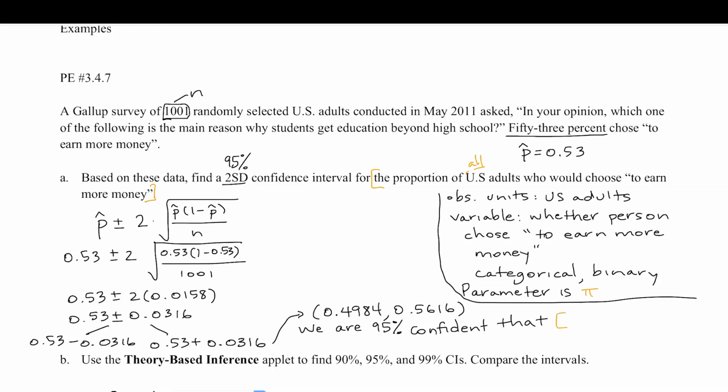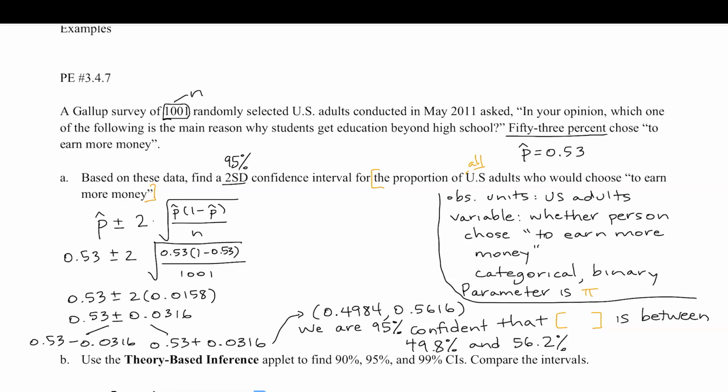That entire piece that's in orange brackets above, the proportion of all U.S. adults who would choose to earn more money as their answer, that parameter is between, and here I'm going to switch to percentages, and I'm going to round to 1 decimal place. So I'm going to say 49.8% and 56.2%.